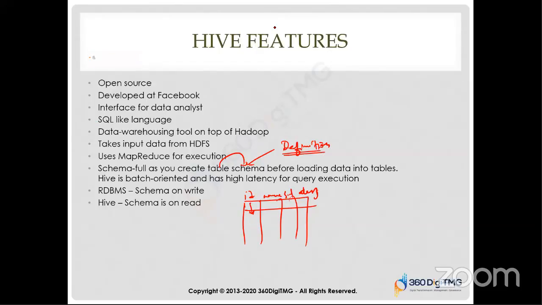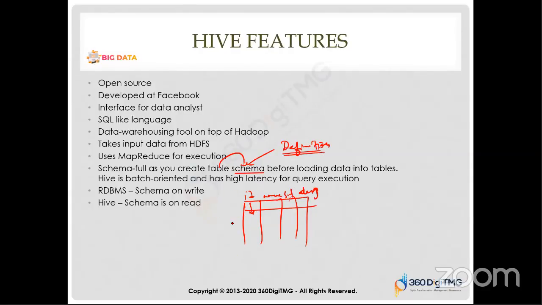The data type is integer. Name, if I talk about name, yes, string, or you can say varchar. Salary again becomes integer or float. Designation again becomes a string, right? So these data types or data structures are basically your schema.